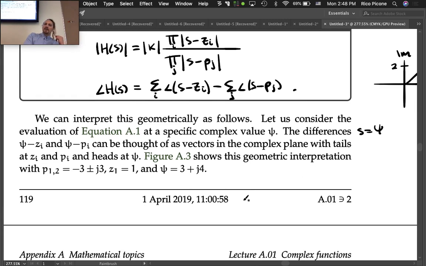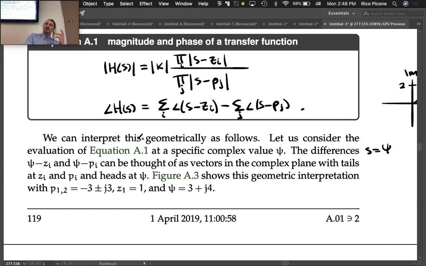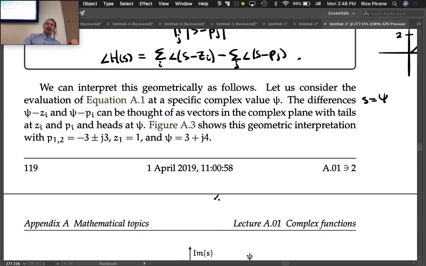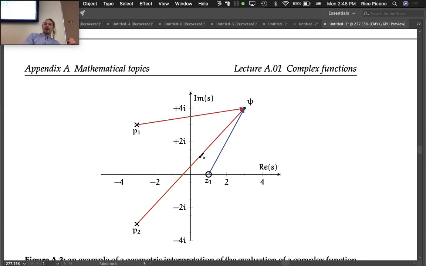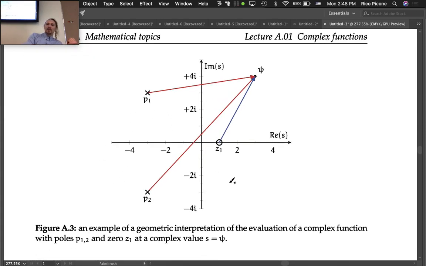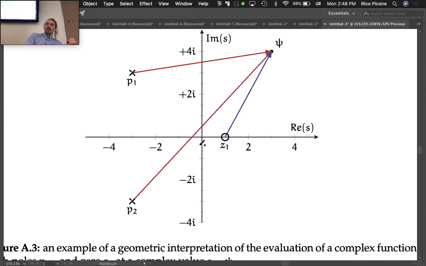So let's see how the magnitude and phase would look geometrically. Say our poles are at -3 plus or minus j3, and we have a zero at 1, and this is our psi. This is how we could interpret the evaluation of our transfer function.